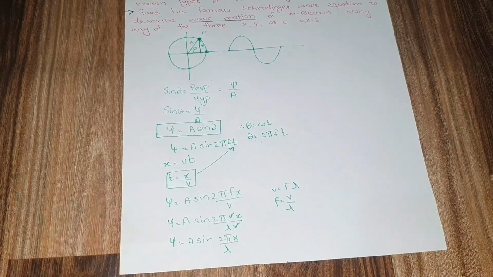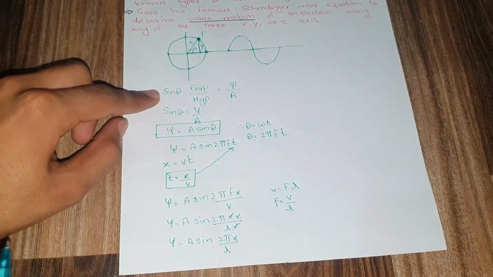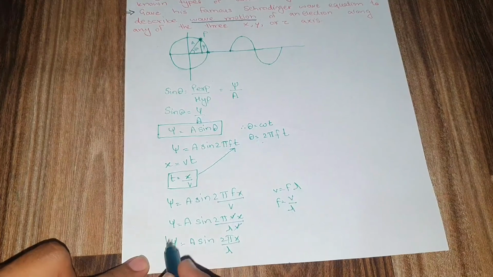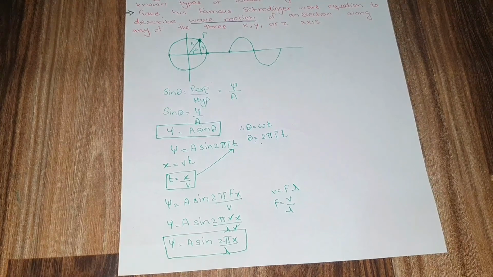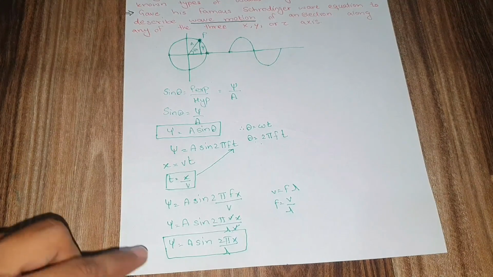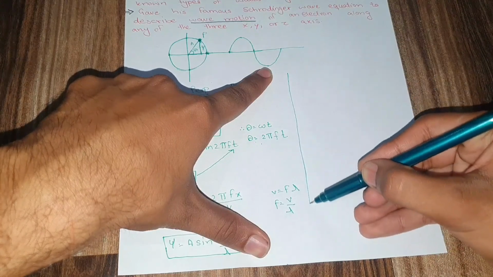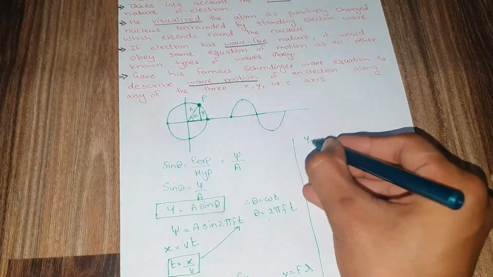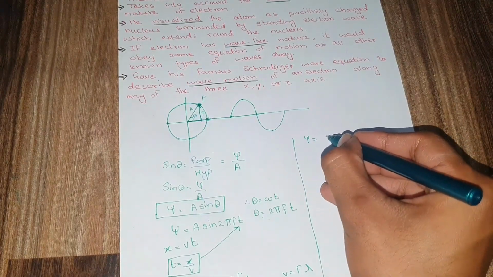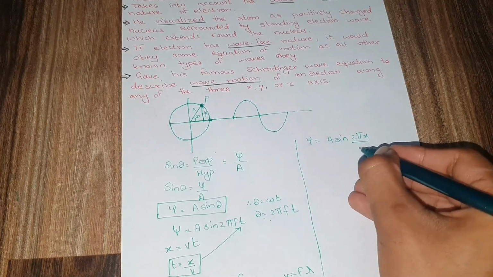So this is the equation which I have derived from the start point of sine theta. I have got psi is equal to A sine 2 pi x over lambda. Now I am going to differentiate this equation with respect to x. First of all, I am writing the same equation here: psi is equal to A sine 2 pi x divided by lambda.